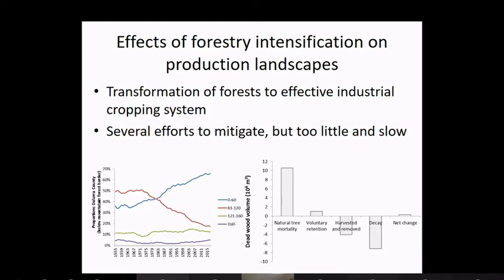And you can see that, especially since the 1970s, the landscape is becoming more and more divided, with close to 70% of the landscape aimed at producing industrial raw material.